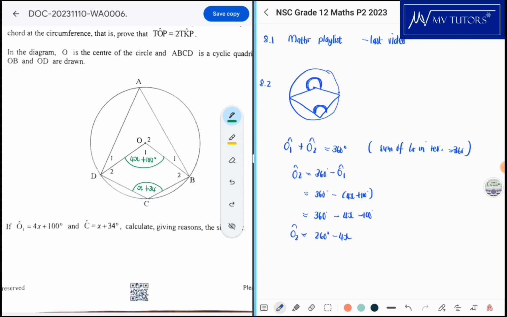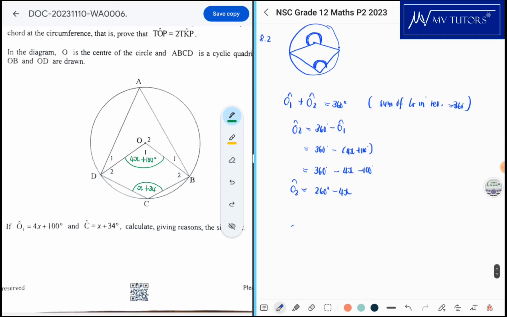And O2 is actually equal to twice C, and we've established that O2 is 260 minus 4x. Oh, we need to give a reason.